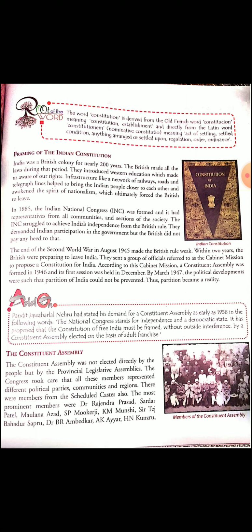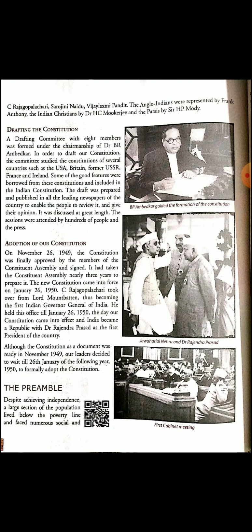Another was the Parsi community, which is also found in India in very small numbers, represented by H.P. Modi. And the Indian Christians were represented by H.C. Mukherjee. So we see that different small communities, or minority groups, were represented by different leaders.